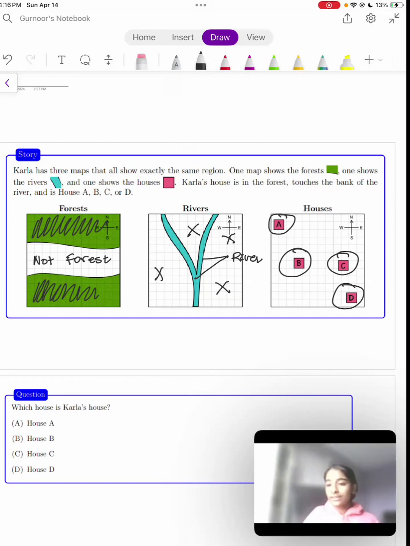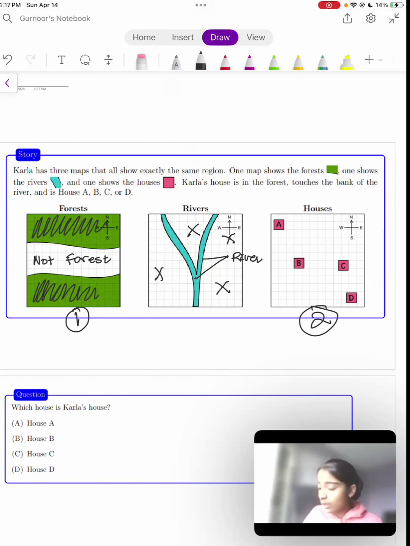So we gotta check our conditions that describe Carla's house. Firstly, it says that Carla's house is in the forest. Let's name this image one and this image two. If we combine image one and two, we'll get something like this, maybe not exact.